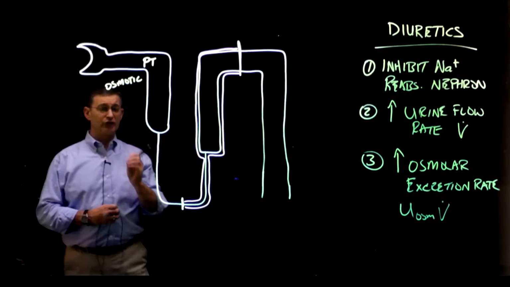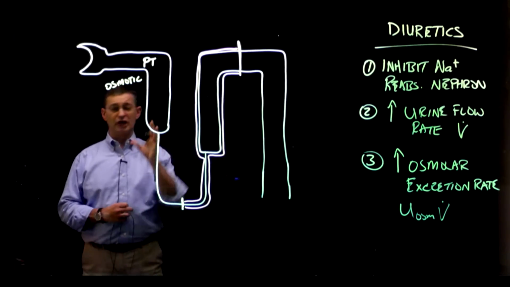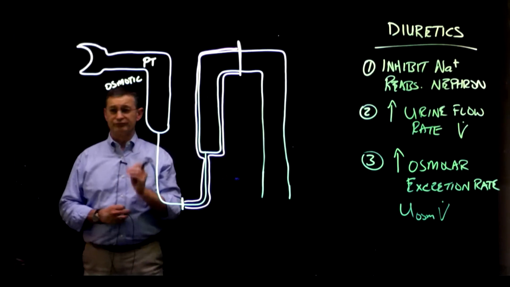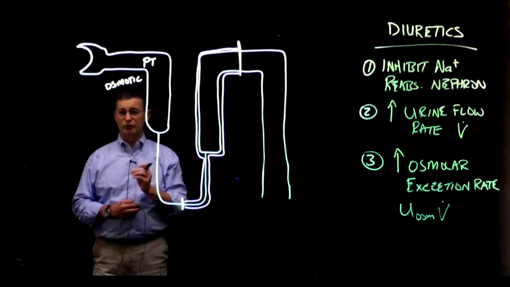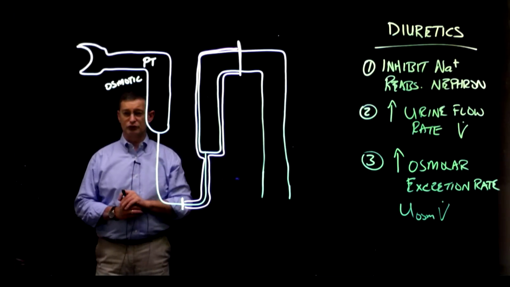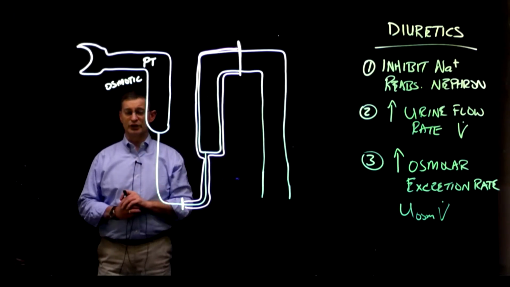However, any type of osmotic particle that's not reabsorbed in the proximal tubule has the potential to impact on sodium and water reabsorption in the proximal tubule. A perfect example is when glucose is at a high enough concentration that it's not all reabsorbed along the proximal tubule.